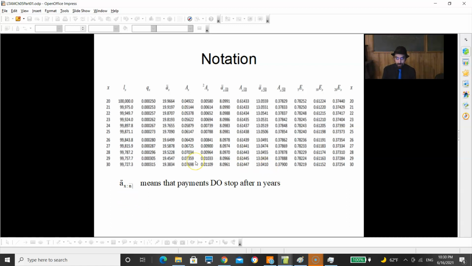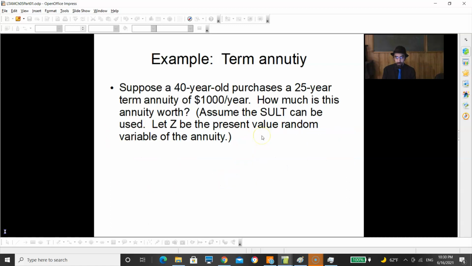And of course, I said it was a 40-year-old, so here you actually have to go deeper down into the table than what I have up here. But if you look at the full tables, then you'll have the full values. All right.